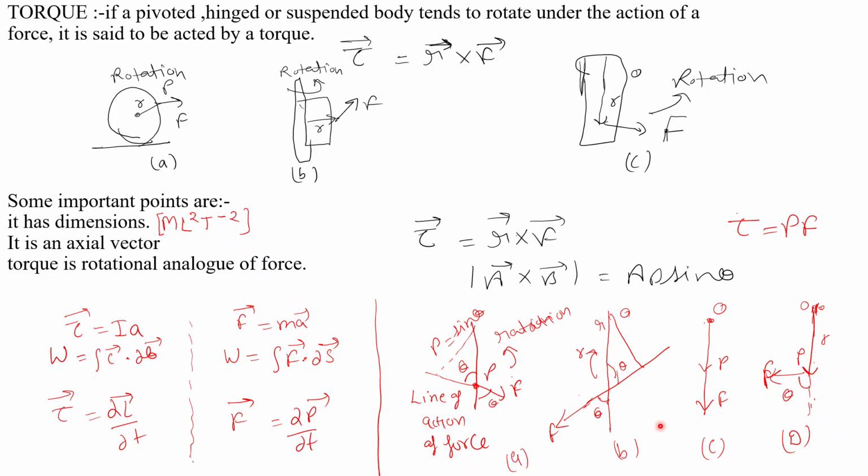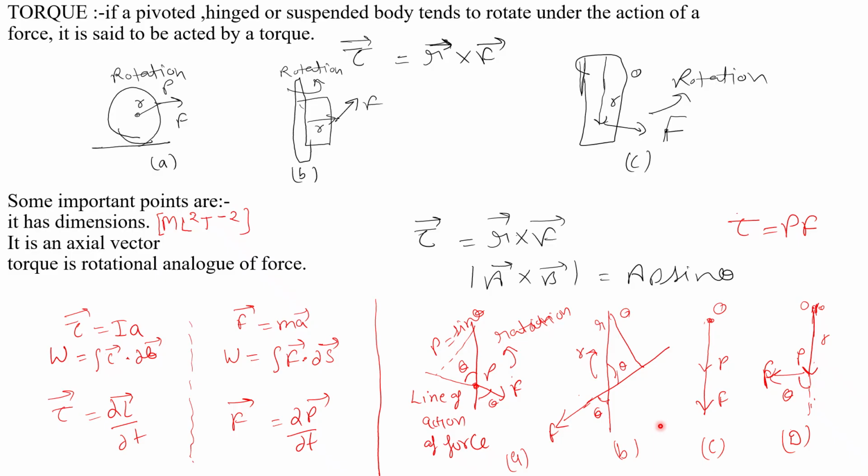Tau will be minimum and maximum in these cases. When sine theta is minimum, equal to 0, theta is 0 degrees, so F vector is collinear with r vector, and tau minimum equals 0. When sine theta is maximum, equal to 1, theta is 90 degrees, F vector is orthogonal to r vector, so tau maximum equals F r.